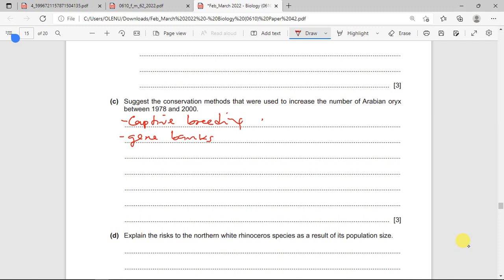You can put them in zoos too. You can also create awareness. You can also protect the habitat. Another thing you can do here is hunting, so you can have legislation against hunting.